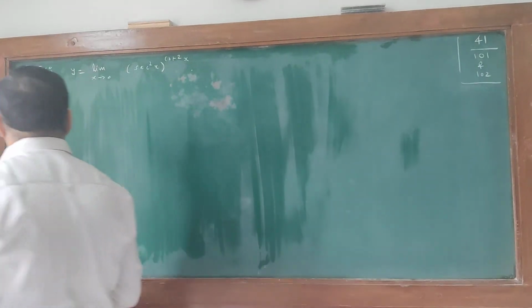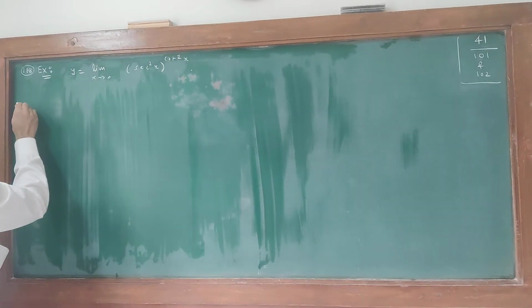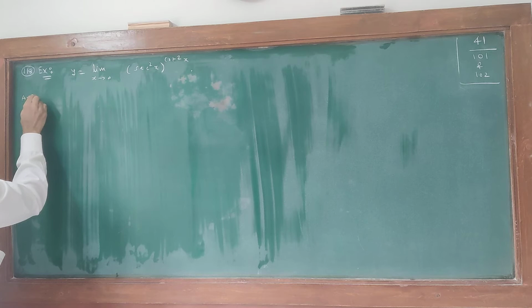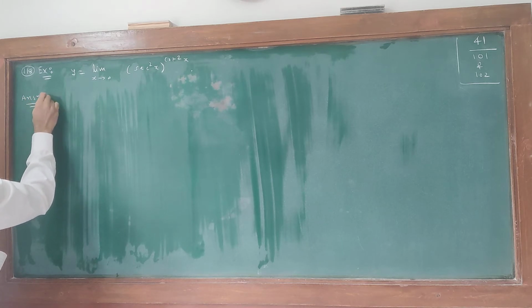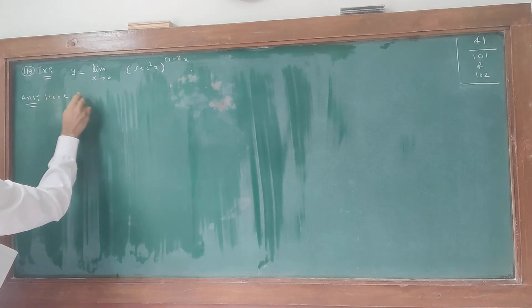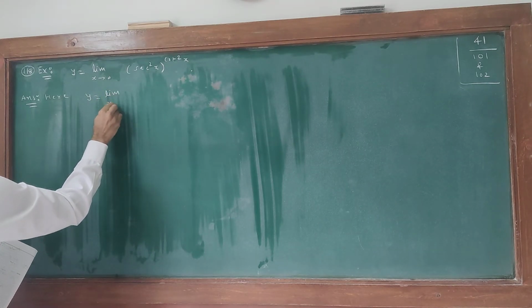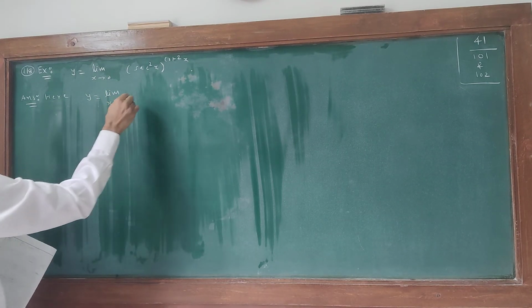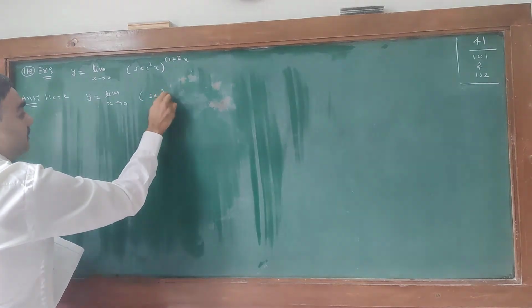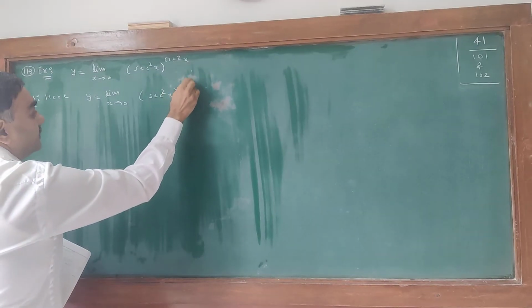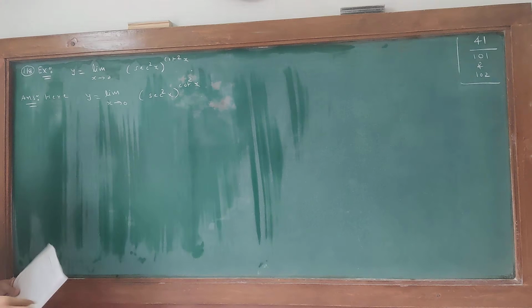So here first we take log on both sides. y equal to limit x tends to 0, sec square x raised to cot square x.